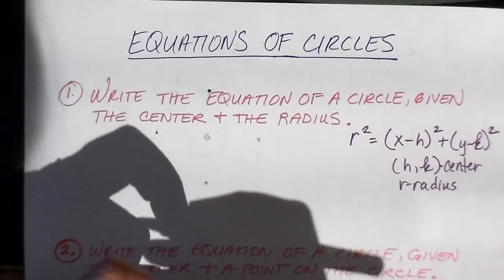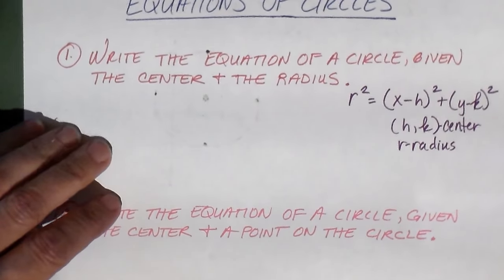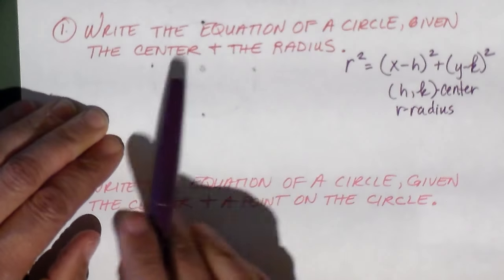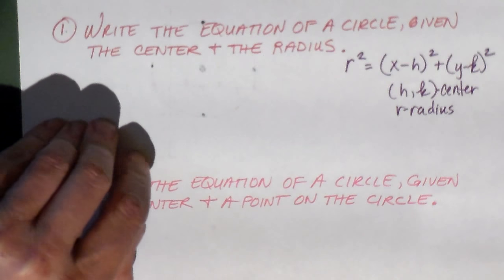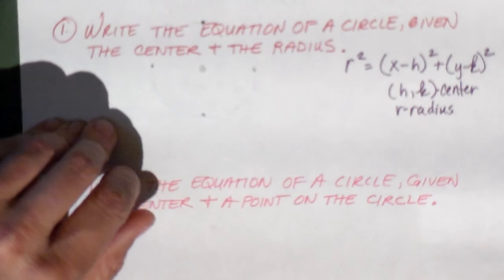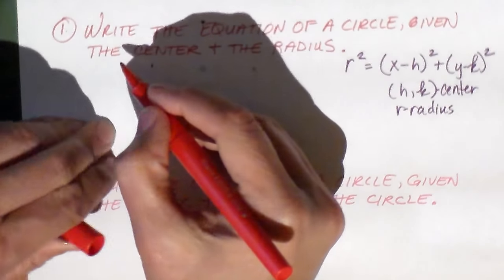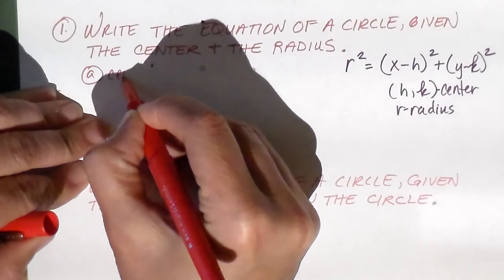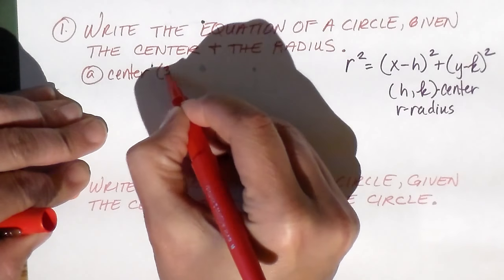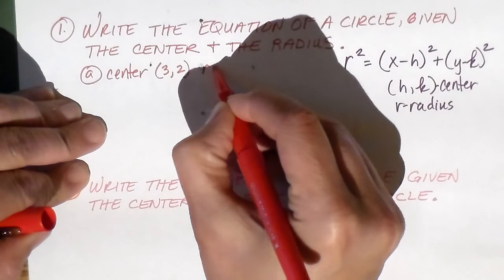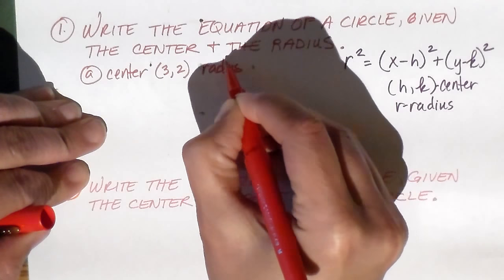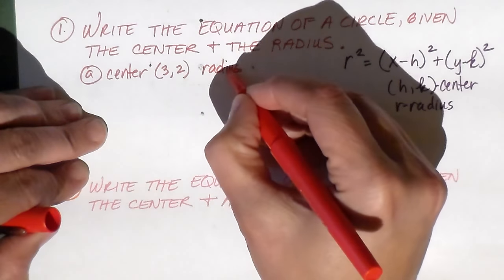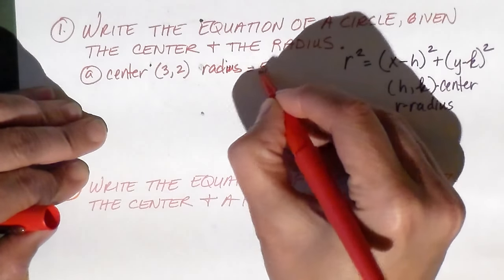So if I want to write the equation, I first have to be given the center of the circle and the radius. Let's use some color here. All right, example A. Let's say that the center is 3, 2, and the radius equals 5.